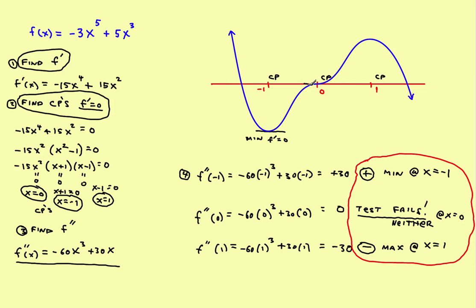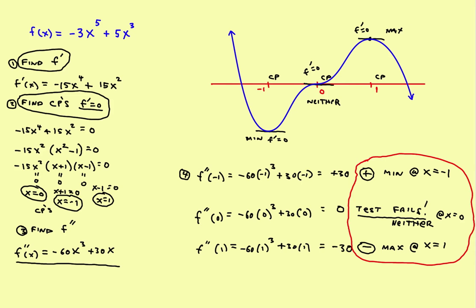You had a horizontal tangent there, so f prime was equal to 0, first derivative was equal to 0, but again, you have neither a relative maximum or a relative minimum there. So it looks like that. Neither. And then finally, the last possibility, at the third critical point, you had a horizontal tangent right there. So that, again, is where f prime is equal to 0, and that was a relative maximum.